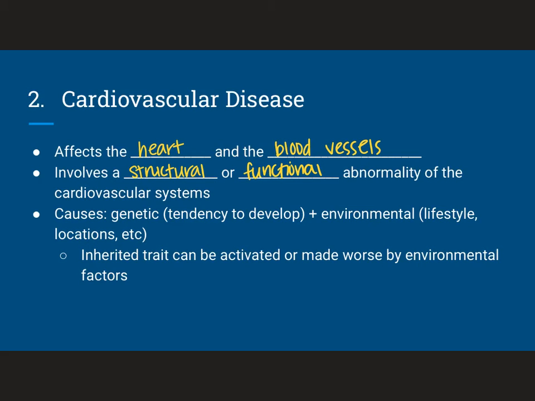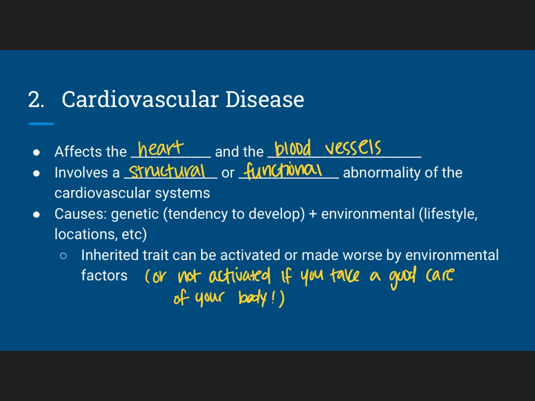So for some people, even though they may have genetic factors, it may not activate if they're taking care of their bodies. However, if you're making choices that are not good for your genetically existing condition, it can either escalate or make things worse for your health. So it may not be activated if you take good care of your body, but oftentimes people have this disease because they are not so good at taking care of their bodies.